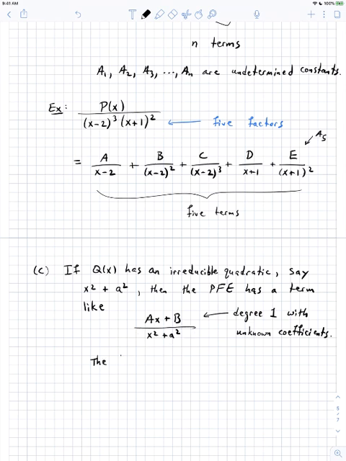Let's write that down. So the degree in the numerator is 1 smaller than the degree in the denominator.